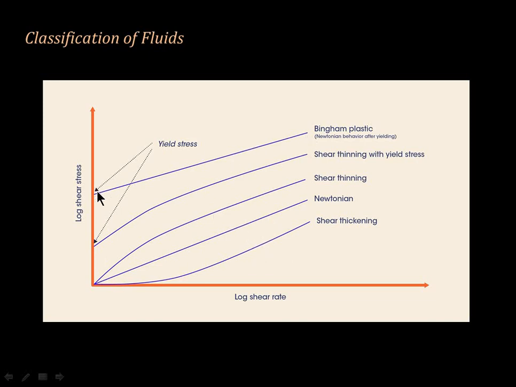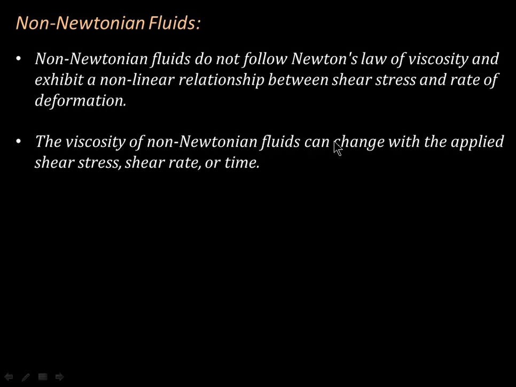Even in the case of Bingham plastic, here it is shown linear, but it is not ideally linear. The viscosity of non-Newtonian fluids can change with the applied shear stress, shear rate, or time. With the variation in any of these parameters, there will be an effect on viscosity in the case of non-Newtonian fluids.